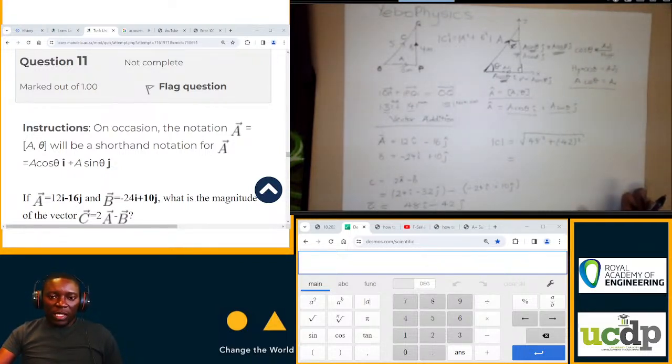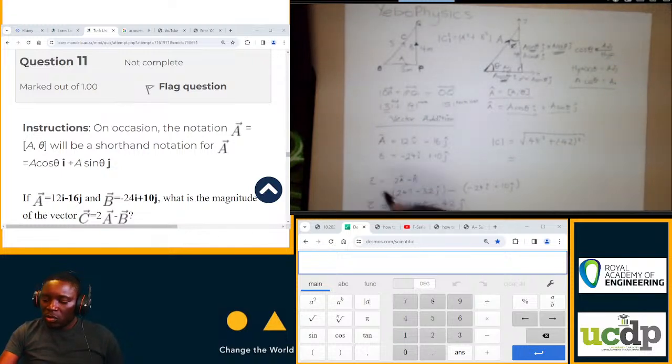So what we're given in question number 11 that's showing on the screen are vectors A and B, which are such that a vector C is equal to 2A minus B. So we multiplied the magnitudes of vector A by 2, and we got 24 for the i component and 32 for the j component, and subtracted the vector B, which is minus 24i plus 10j.